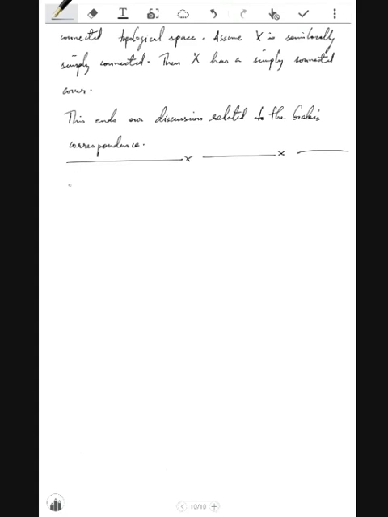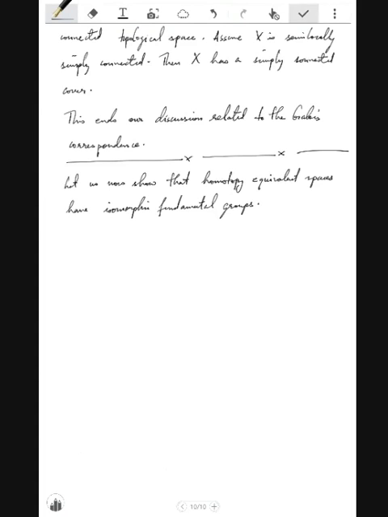So let us now show that homotopy equivalent spaces have isomorphic fundamental groups. So first we have to define when two maps are homotopic.